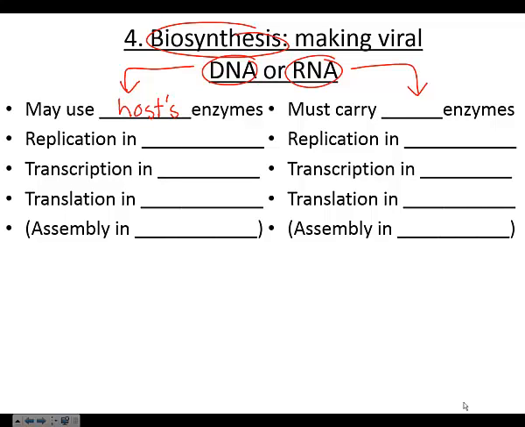For example, the virus can essentially hijack the cell's DNA polymerase to make viral DNA in the nucleus of the cell. The virus can then use the cell's own RNA polymerase to make viral mRNA in the nucleus.